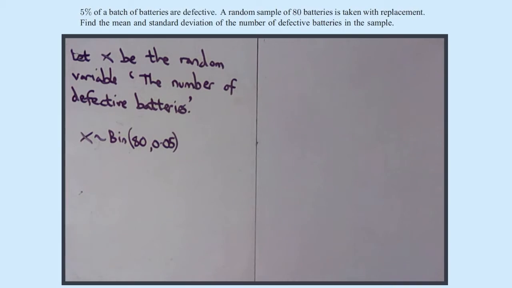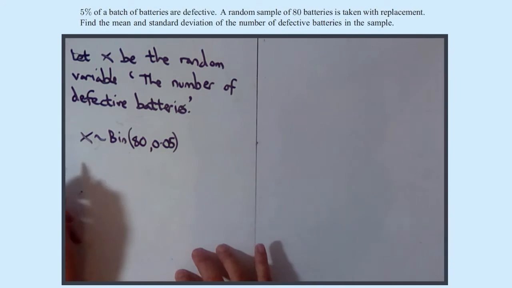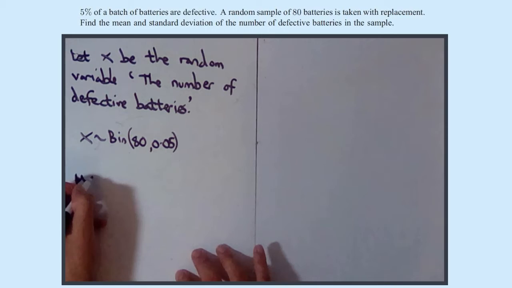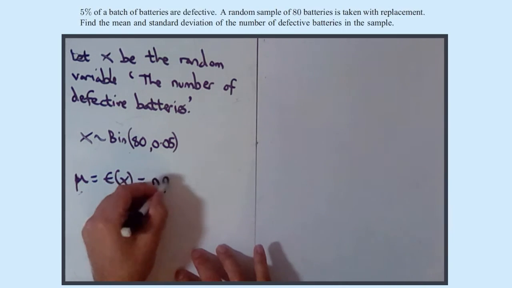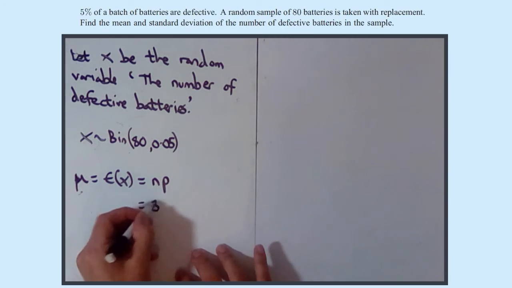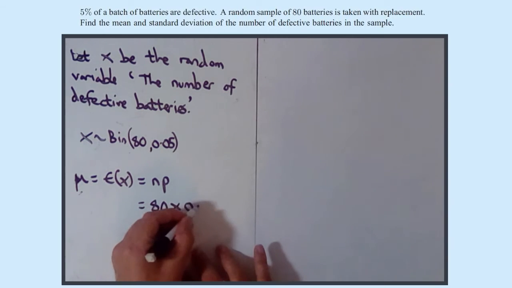Right, so we have been asked for the mean and the standard deviation. The mean we could say is mu, or E(x), the expected value of x. It's just np, so that would be 80 times 0.05.